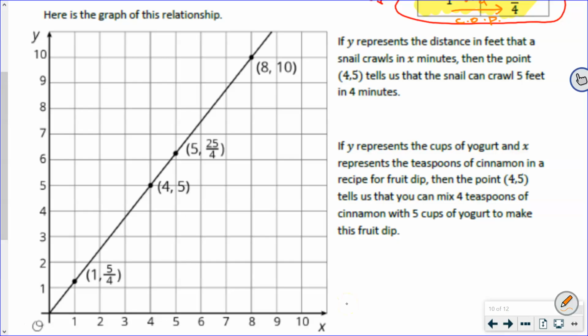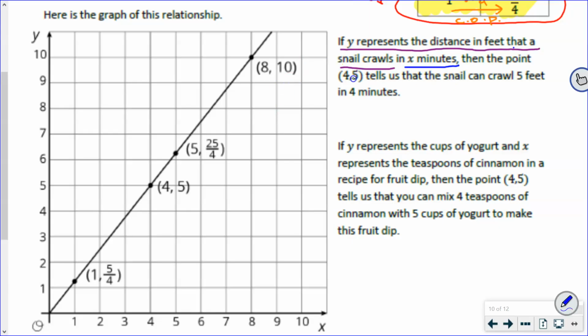What if I made the x value represent how many feet the snail crawls? And, oh no, I'm sorry. Let me back up. What if I made the y value represent the distance in feet that a snail crawls and x represents the minutes?